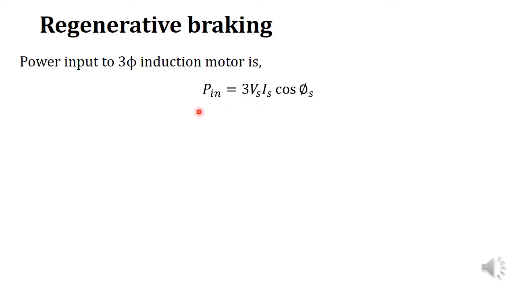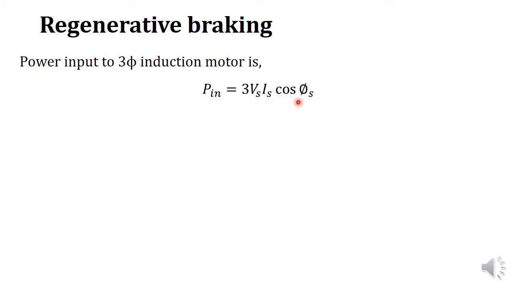If the machine is operating in motoring mode, that is in the first quadrant, the sign of Pin will be positive. For Pin to be positive, the value of cos phi s should be positive.